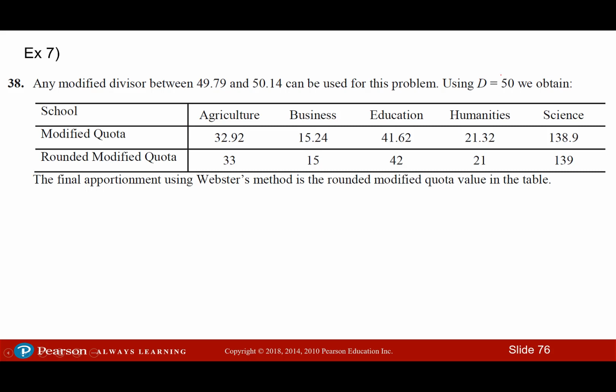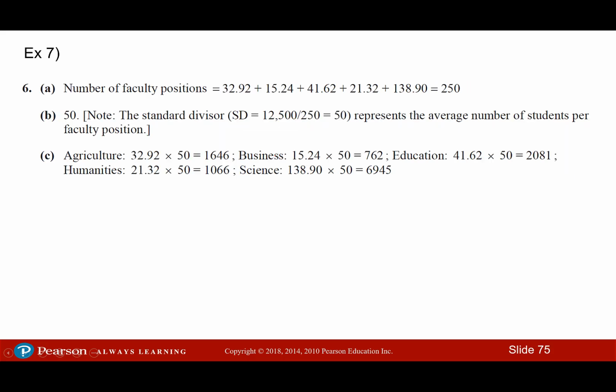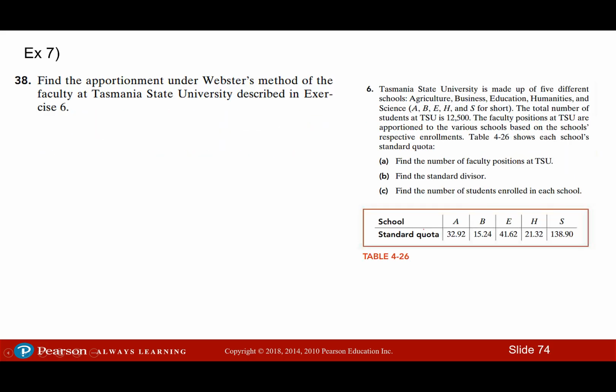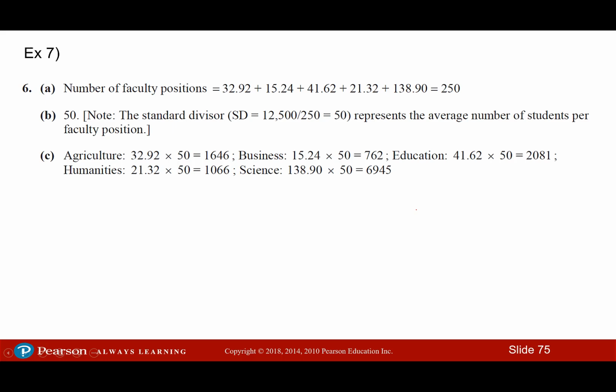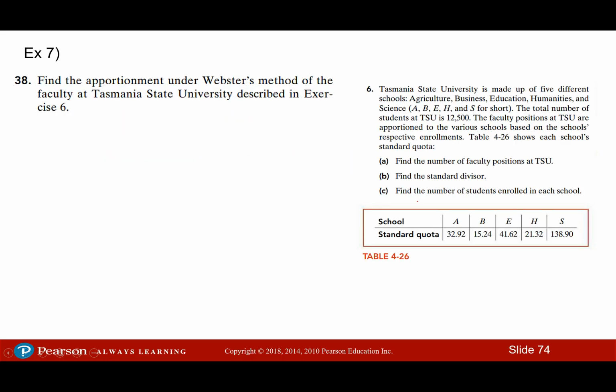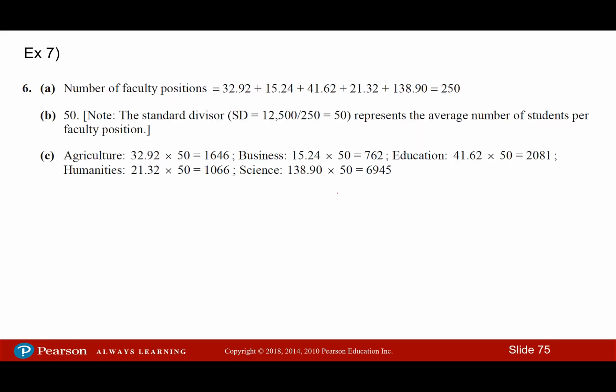So the book uses 50, and so that's the quota, right? And the number of faculty positions here. So you set it up, and you have to use these numbers here.